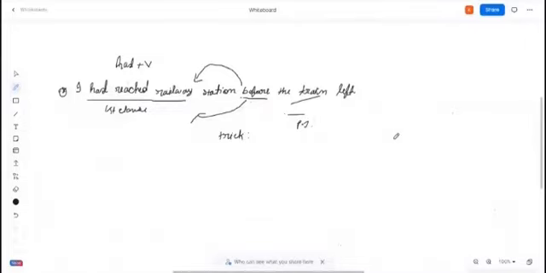I can say one thing: if it's only had, then it's for active voice, and if there's had been, it's for passive voice. I will teach you this also, but right now just try to make a sentence of past perfect.